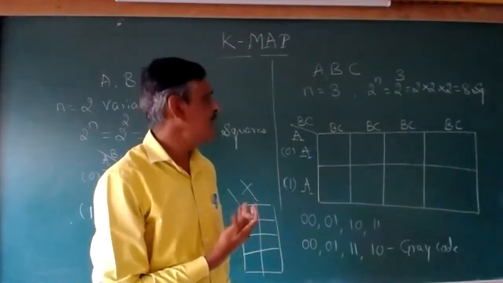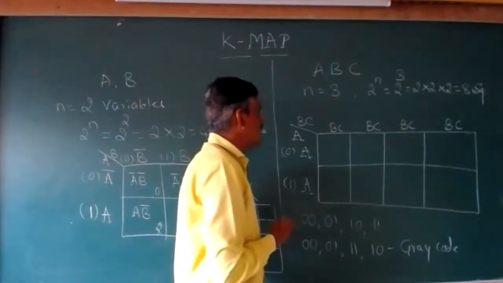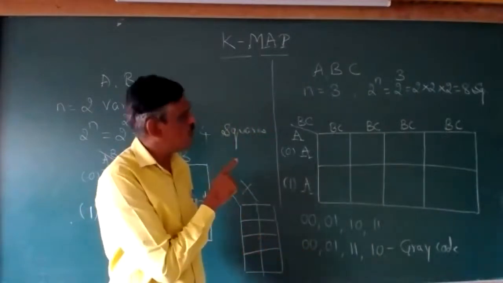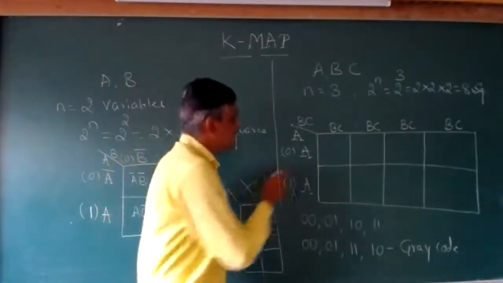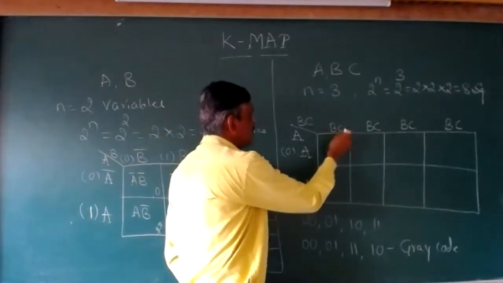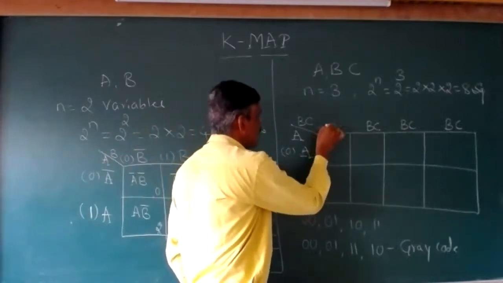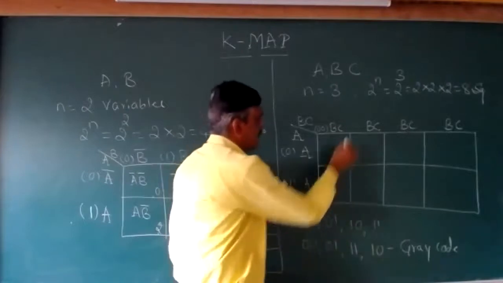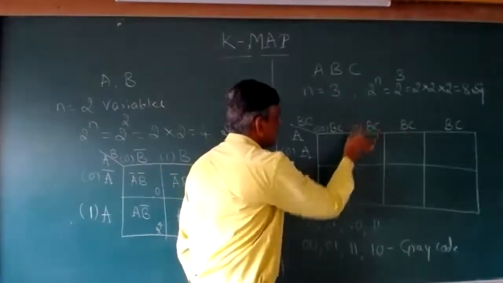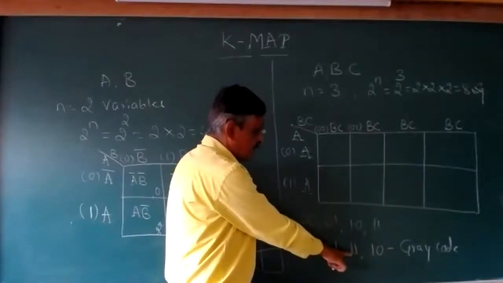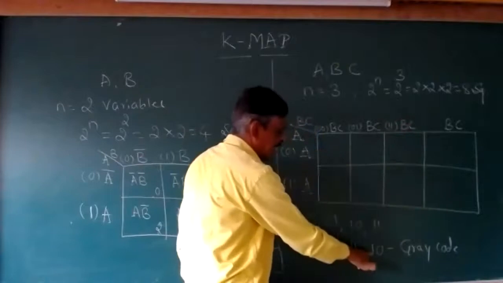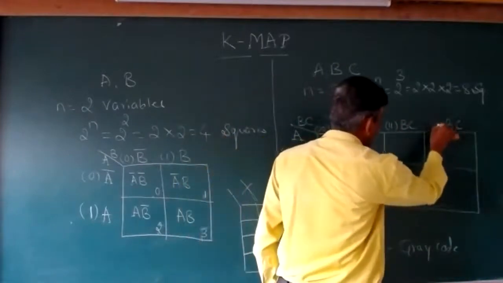Normally a 2 variable rows and columns. So based on this, now I am writing a gray code for the columns, that is B and C. So I represent 0 0 as the first set of values, then the second one is 0 1, and 1 1 is the third column, and the last one 1 0.